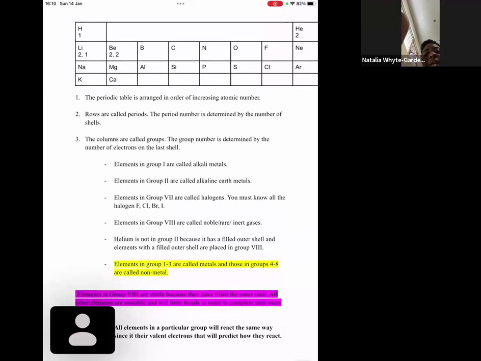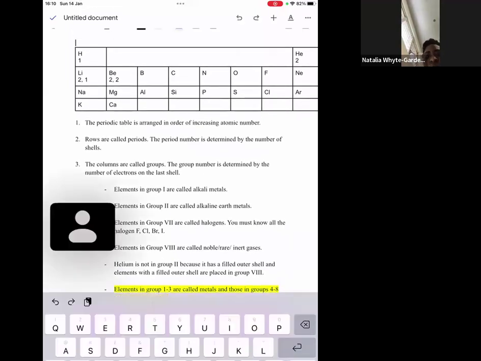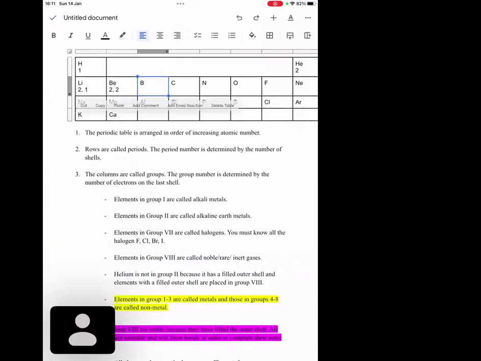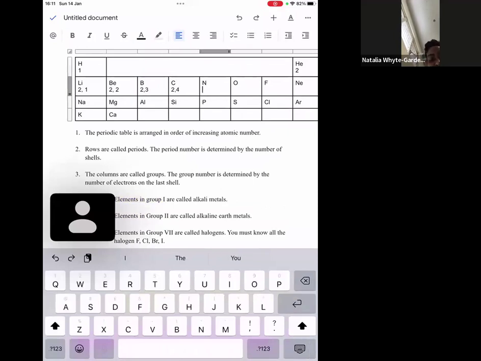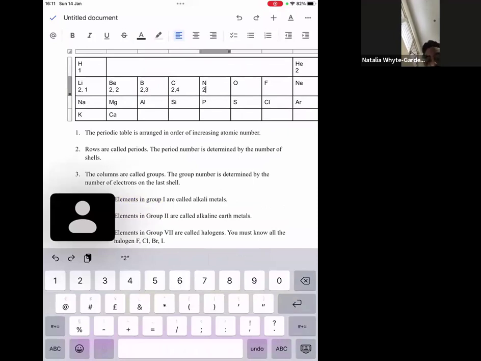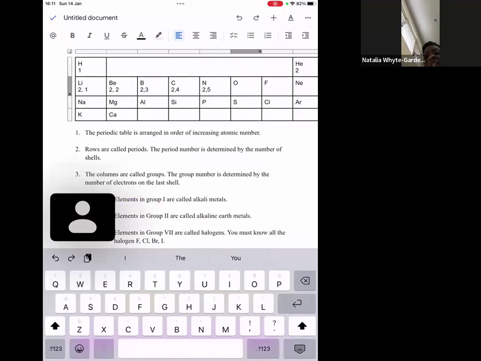Boron now is element number 5, and it has an electronic configuration of 2, 3. Carbon has 6 electrons because it's element number 6. Its electronic configuration is 2, 4. Nitrogen has an electronic configuration of 2, 5. Oxygen, what would be the electronic configuration of oxygen?